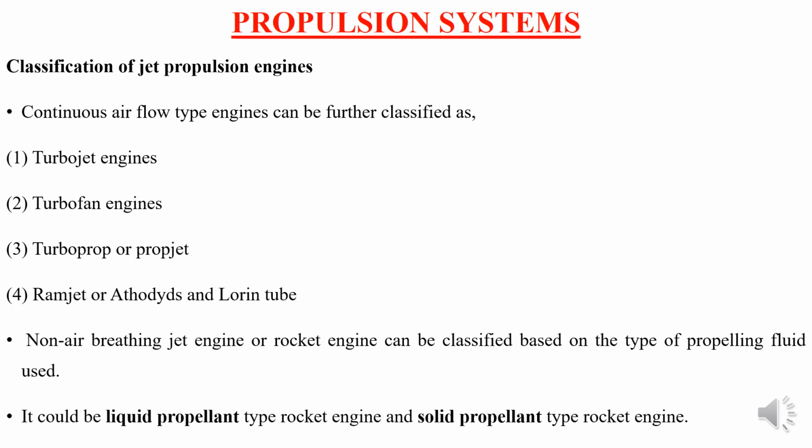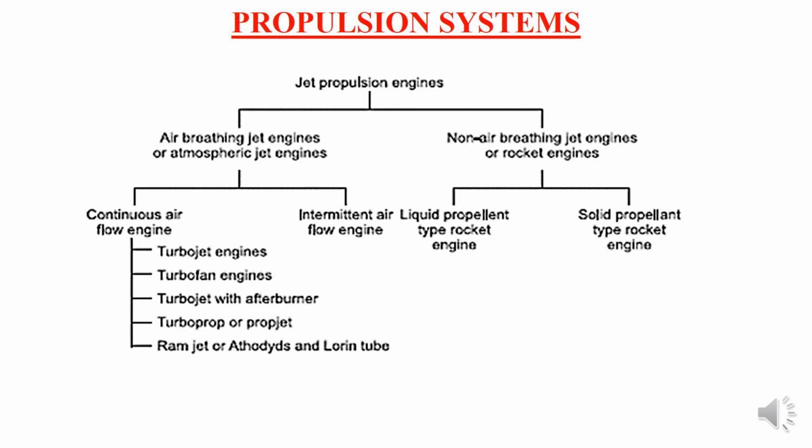In brief, we have a diagram over here. The jet propulsion system is classified into air breathing jet engines, or atmospheric jet engines, and non-air breathing jet engines. In the air breathing, again we have two types: continuous and intermittent. In the continuous, we have five types: turbojet, turbofan, turbojet with afterburner, turboprop, and ramjet engines.